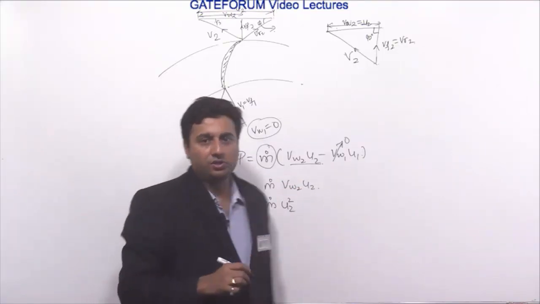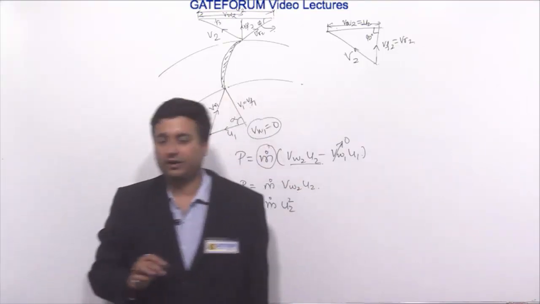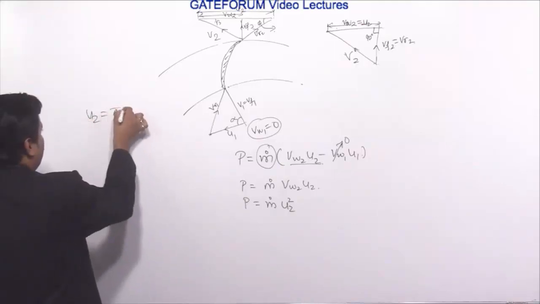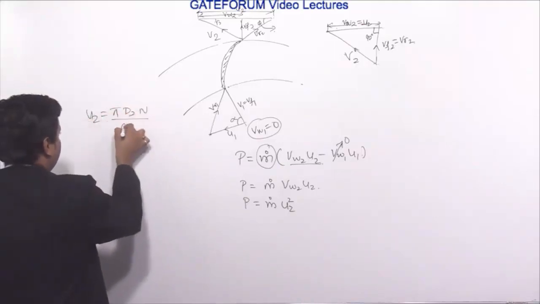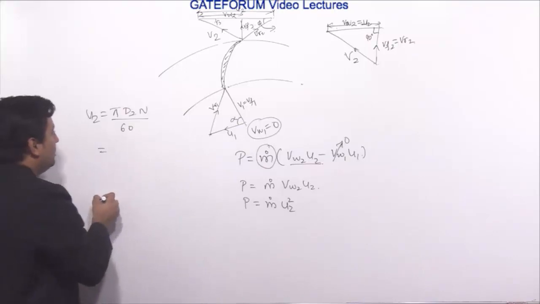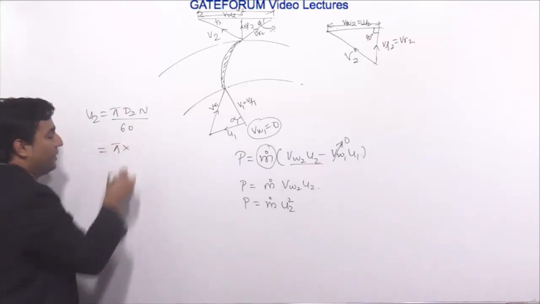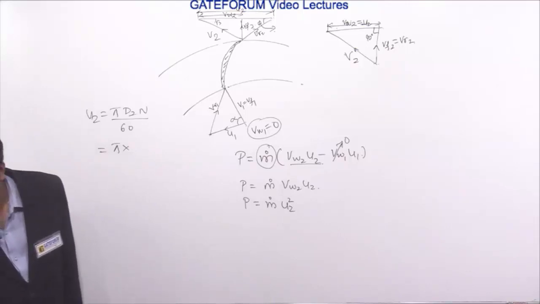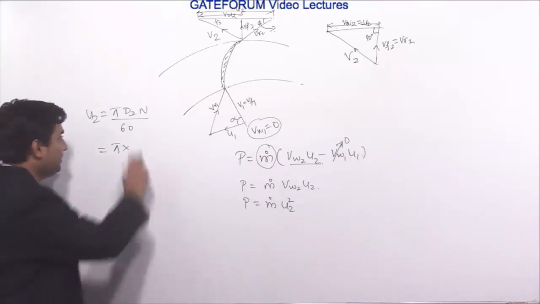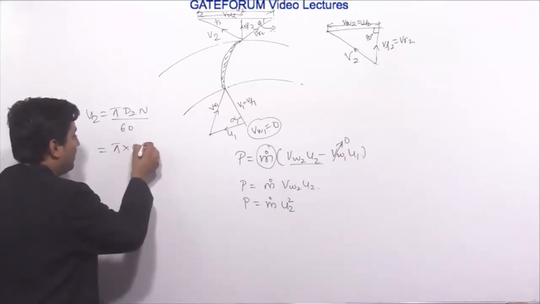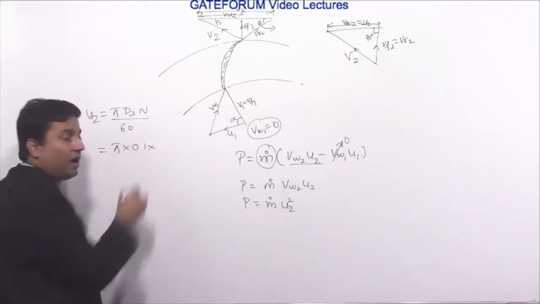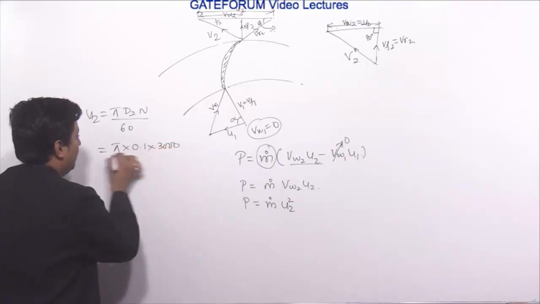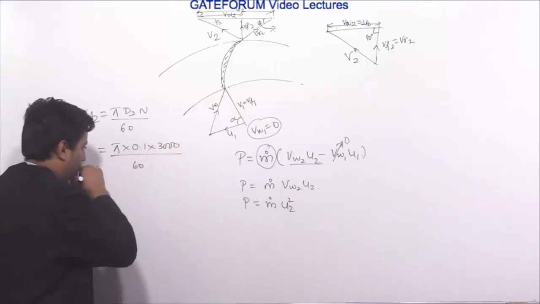Let me find out U2 from the given data. U2 is nothing but pi d2 N by 60. The radius is given to you, that is 50 mm, so in meter the diameter is 0.1 meter, and rpm is 3000 divided by 60.